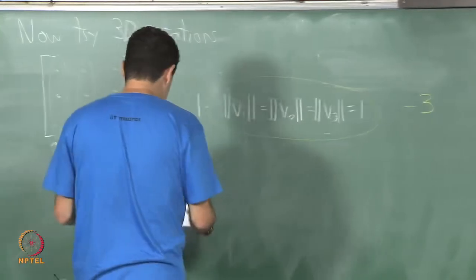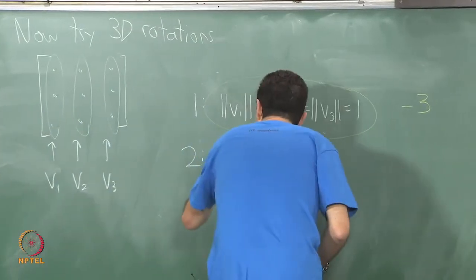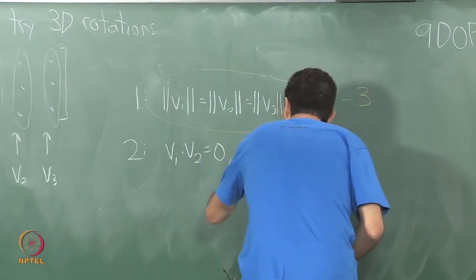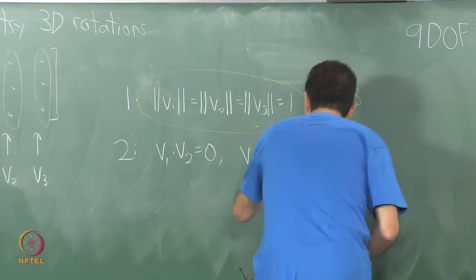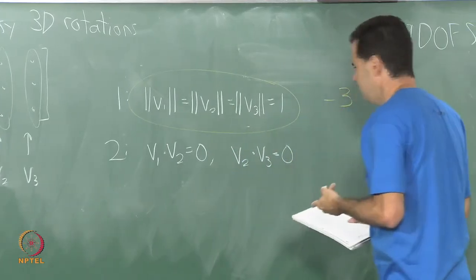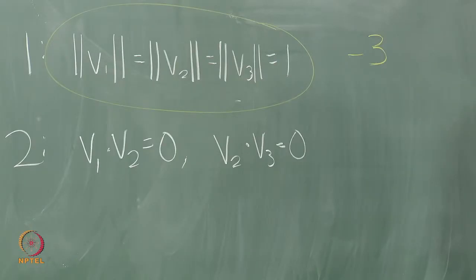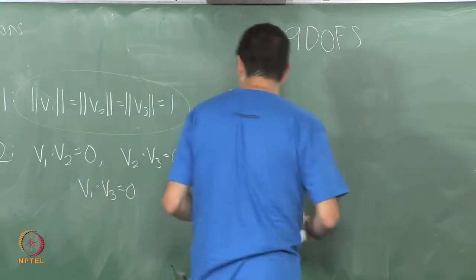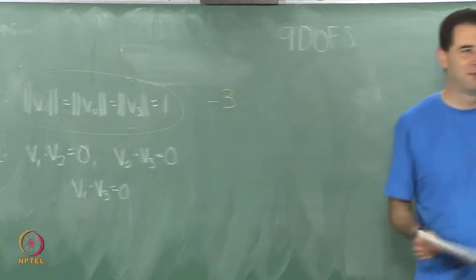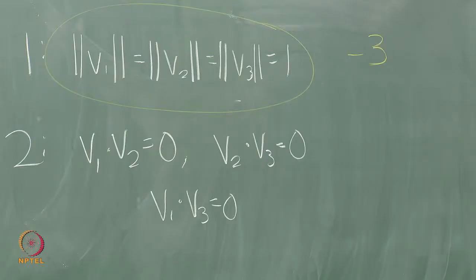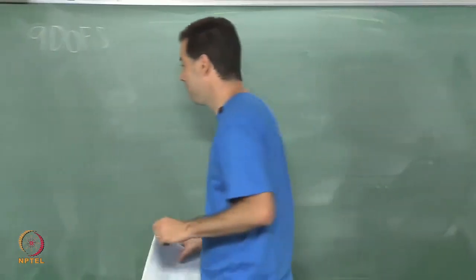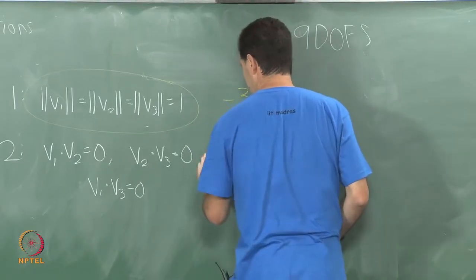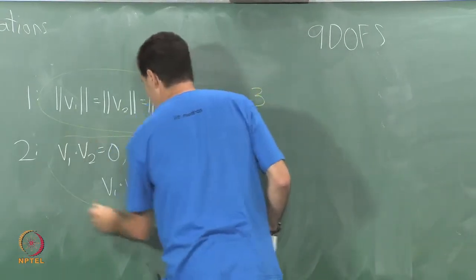So I need V1 dot V2 equals 0, V2 dot V3 equals 0, and V1 dot V3 equals 0. When I put all of that together, I've lost 3 more degrees of freedom. Not bad. It's doing the same kind of pattern as for 2D. So we lost 3 more with these.